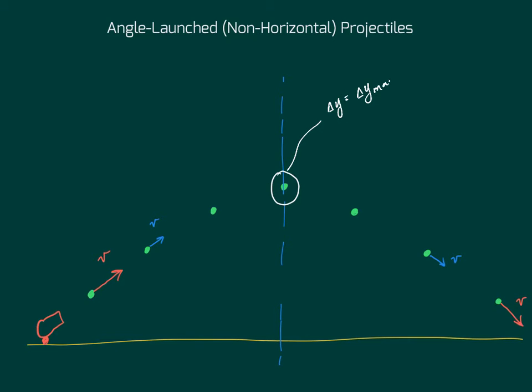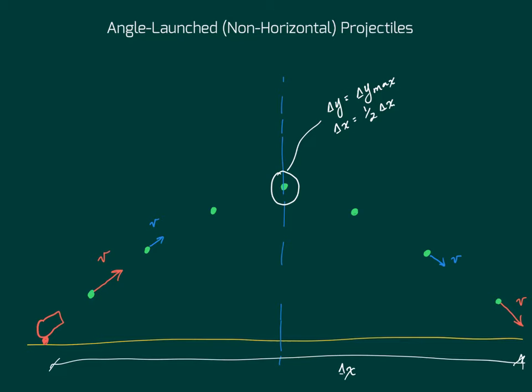That means this is the maximum height that the projectile travels. We also know that delta x at this point is 1/2 of the total delta x. So if this whole thing is delta x, right here at this point, that's 1/2 of delta x.